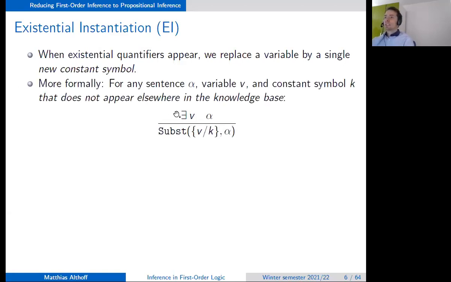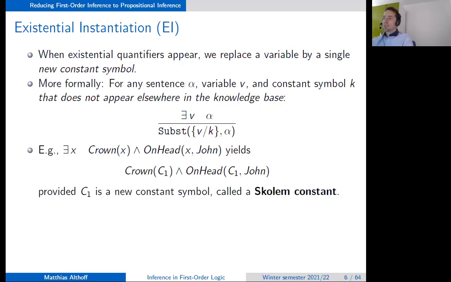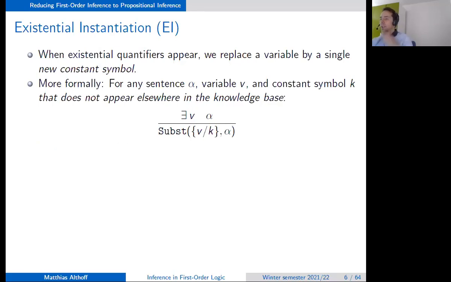So we have v existentially quantified, so there exists a v such that alpha holds. What we can do is replace the v with some constant k, but we can only do this once. And the k can only be replaced with something that is not part of the knowledge base.